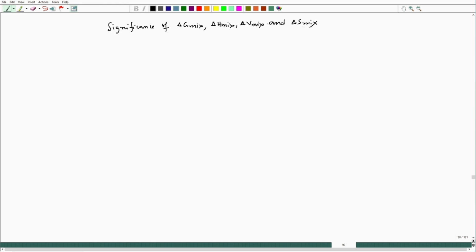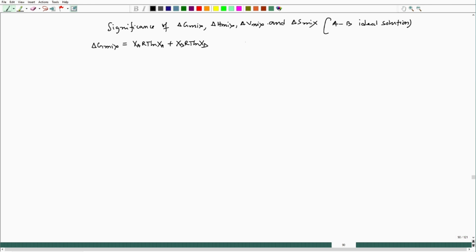So delta G mix equals XA RT ln XA plus XB RT ln XB. This is actually for an A-B ideal solution.